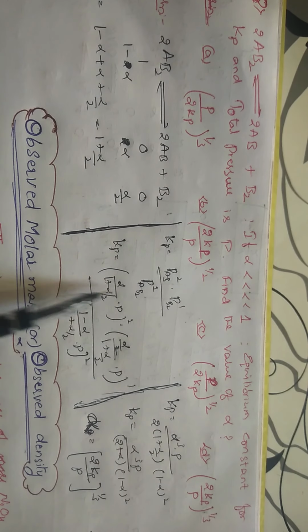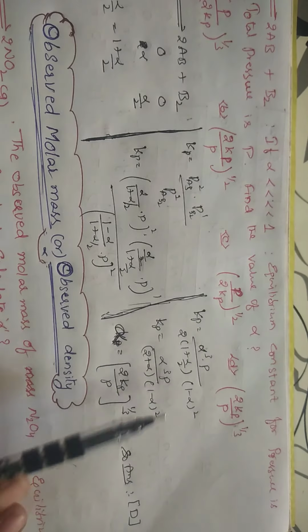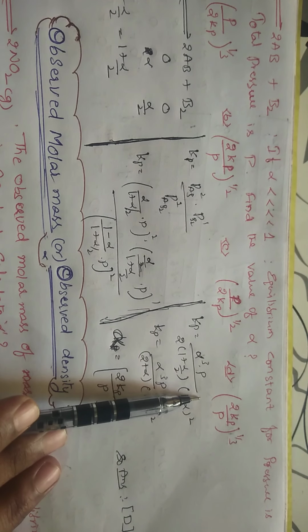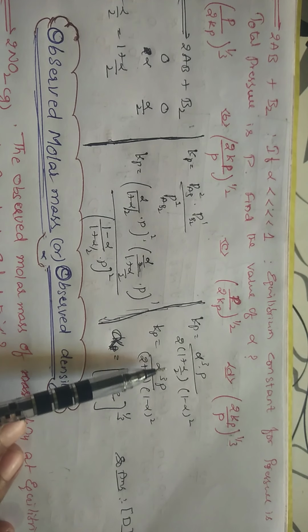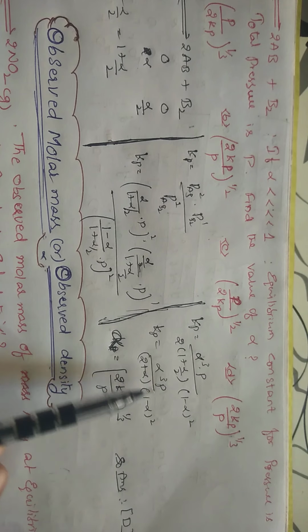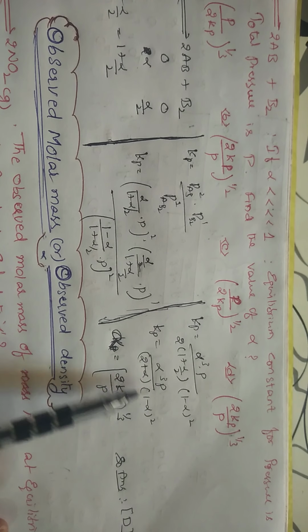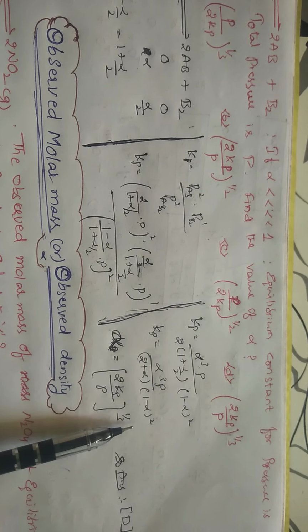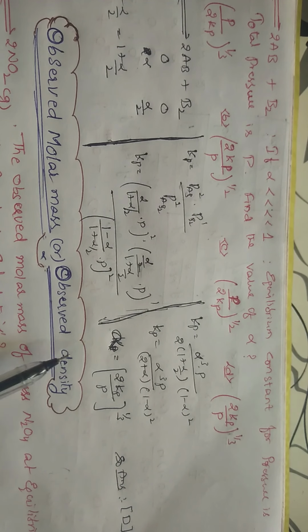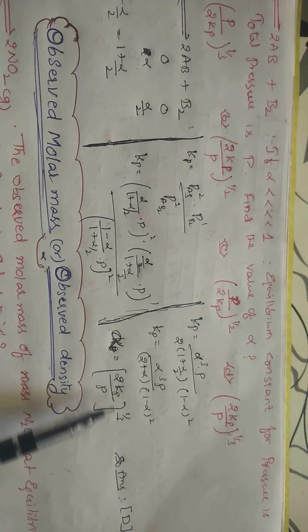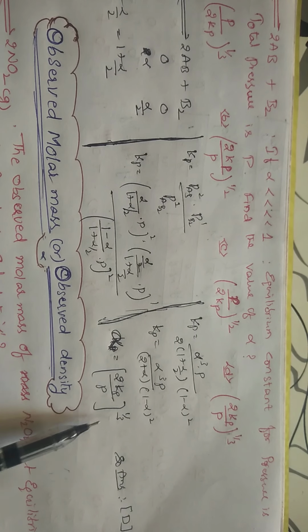On solving all these equations step by step, Kp will be alpha cube into P by 2 into 1 plus alpha by 2, 1 minus alpha whole square. So Kp will be equal to alpha cube by P by 2 plus alpha into 1 minus alpha square. On calculating the alpha value, you will get 2 Kp by P whole power 1 by 3.